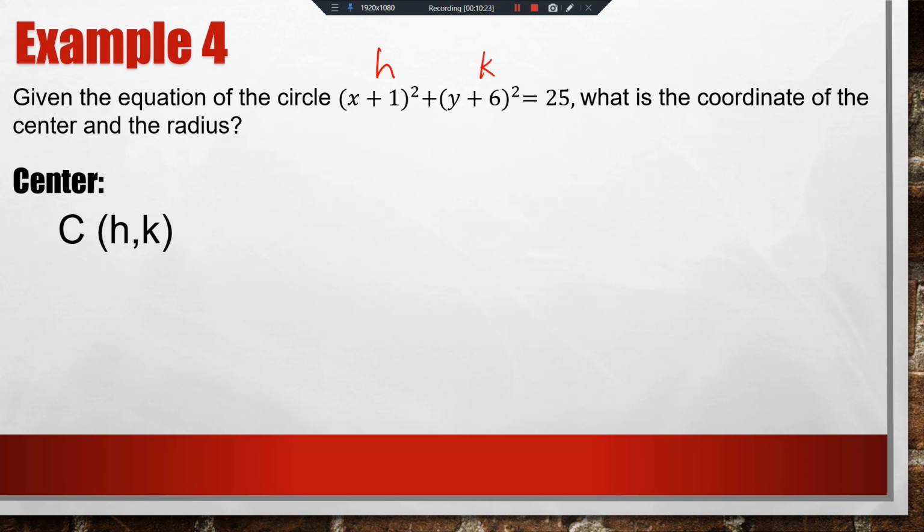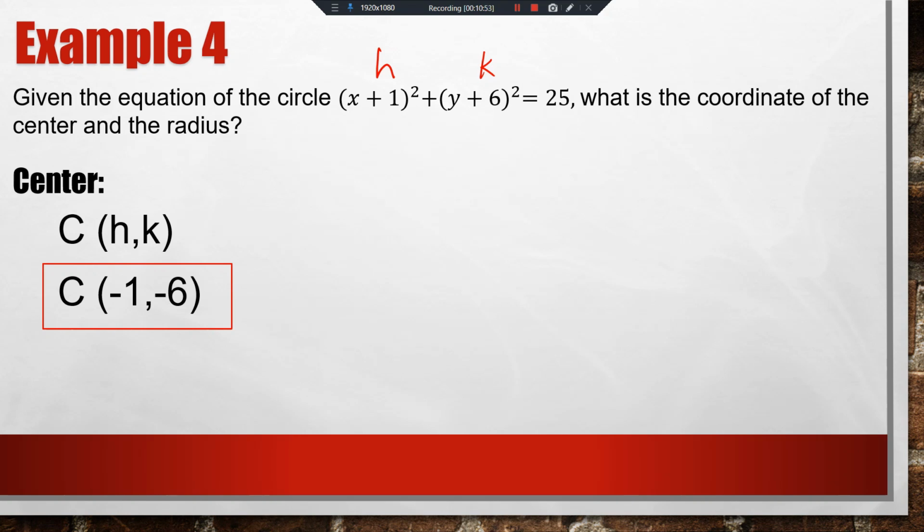Once again, your h is in the x and k is in the y. So in this example, your h is positive 1 and your k is positive 6. So once again, you're going to change the sign or get its opposite. So therefore, your C or the center is negative 1 and negative 6.